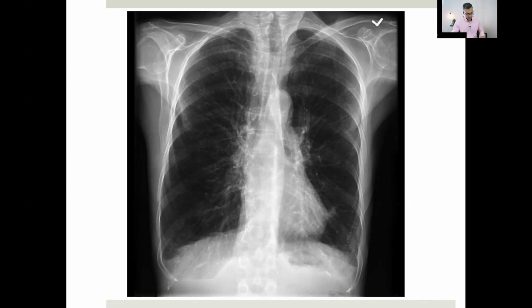The trachea looks midline. There's no obvious pneumothoraxes. There's blunting of the bilateral costophrenic angles, which could be indicative of an effusion. And an elongation of the cardiac silhouette. I can't see any obvious bony abnormalities or any other additional items in the X-ray.